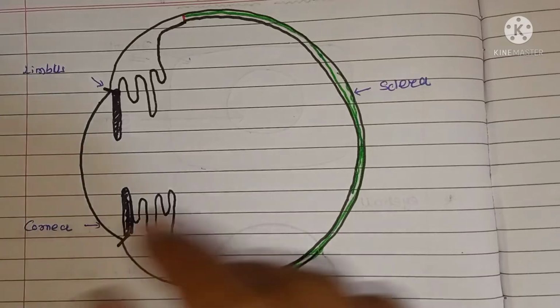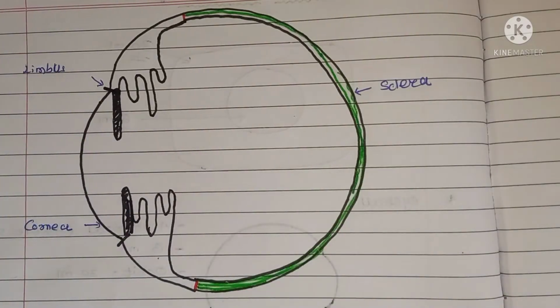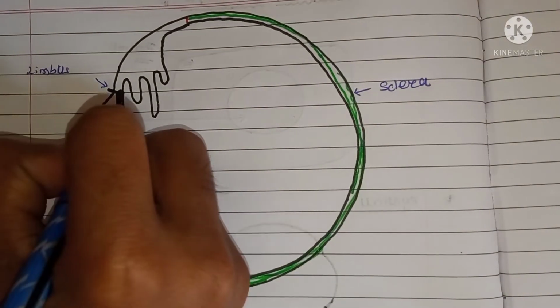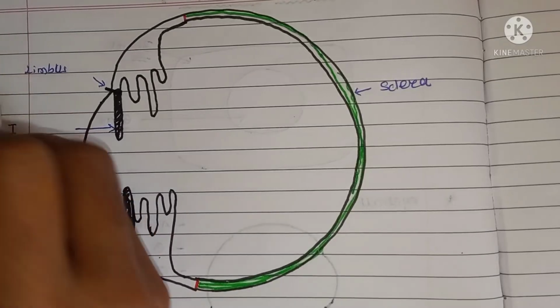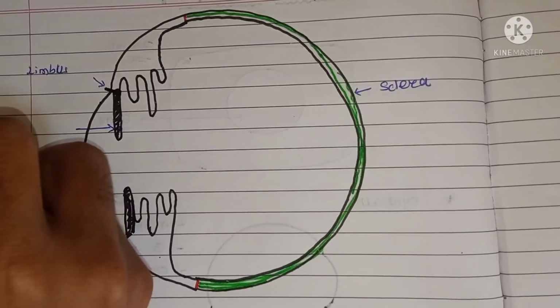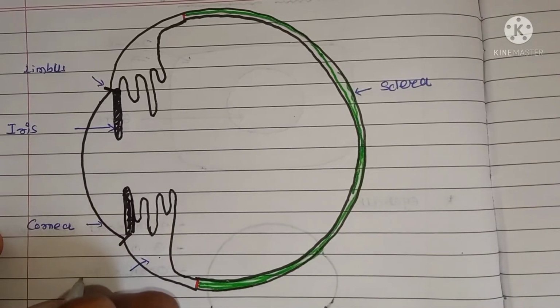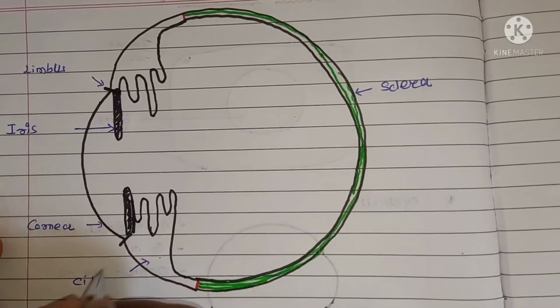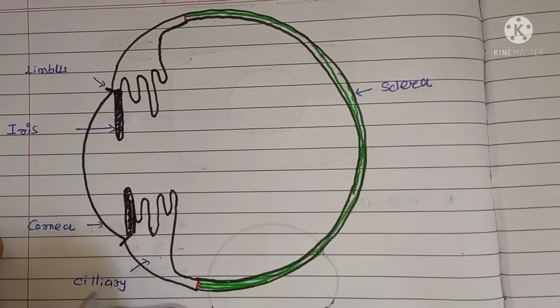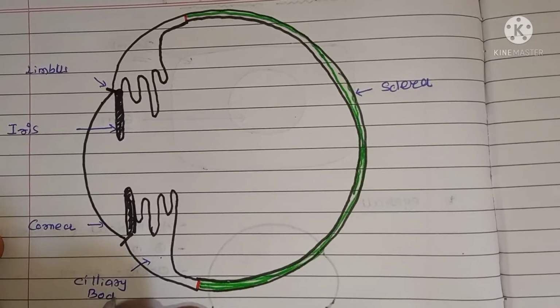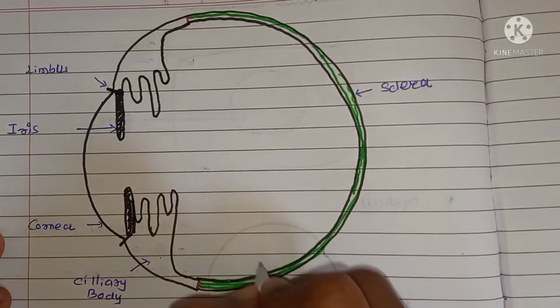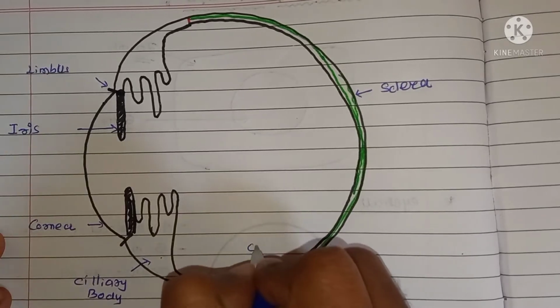Now this is the ciliary body. So what is this? This is iris. This is ciliary body. And this is choroid.